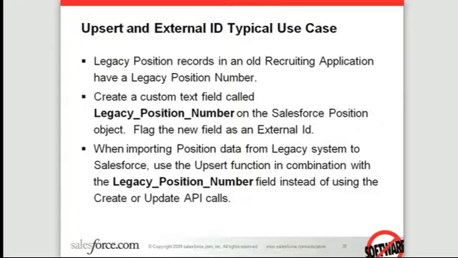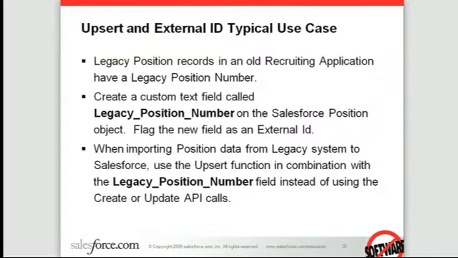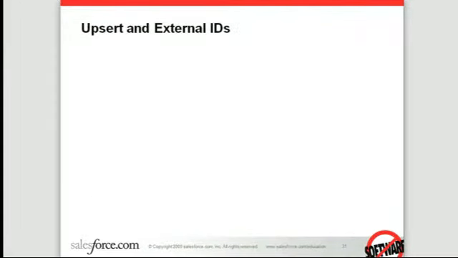But the legacy position number is in our so-called legacy system. We would have a key, and that key is what we're going to store in the field called legacy position number. We're going to mark that field as being an external ID. Then, when we perform our upserts, we're going to use the value of that field to identify our already existing records.